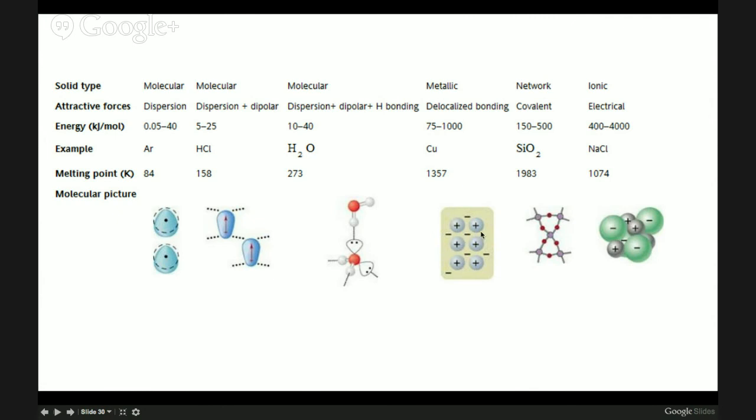These electrons are in a sea, and what's in a crystal is the nuclei. What's in a crystal for network is going to be nonmetals bonded in all directions, and their melting points will be very high. Normally, covalent compounds have low melting points, but in the small number of cases where you have a high melting point for nonmetals, that's telling you that you must have a network like diamond.